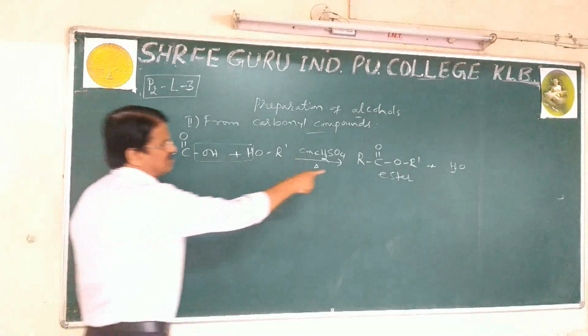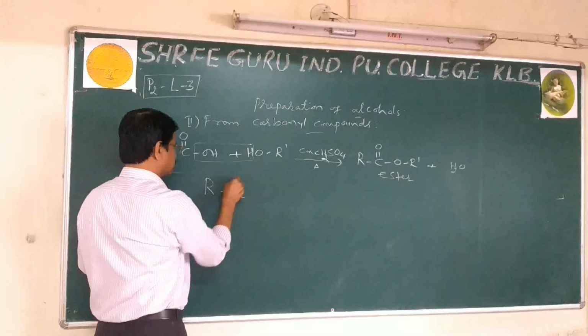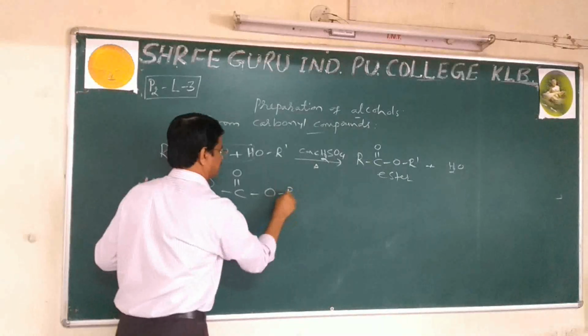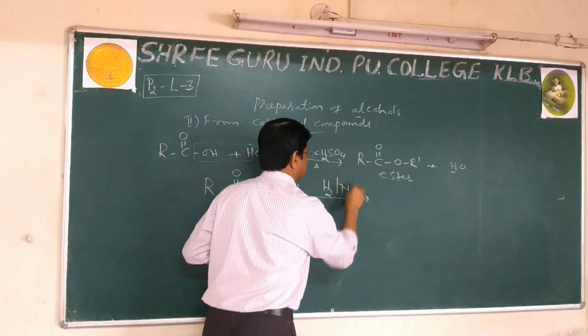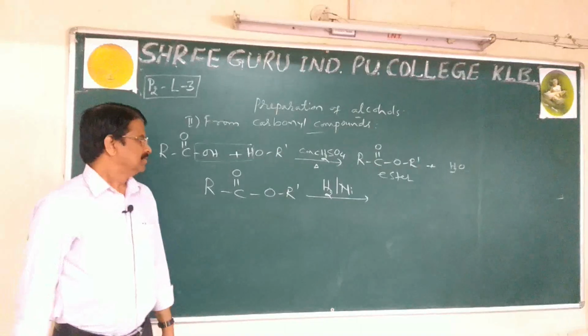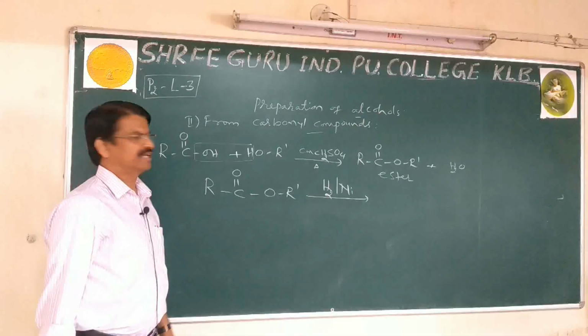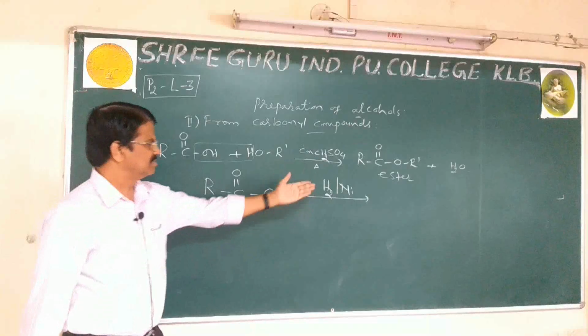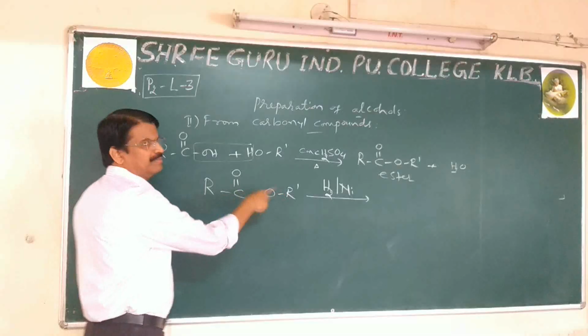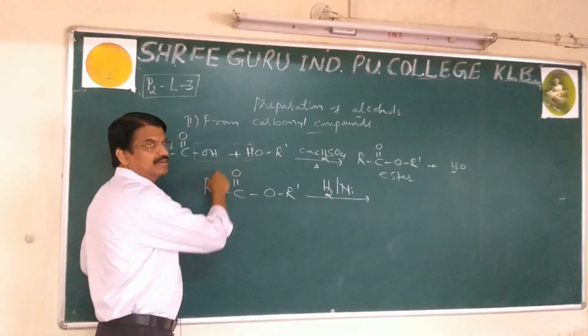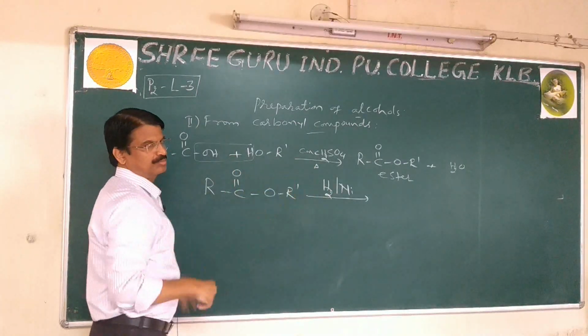Now take this ester. On this ester, we can add hydrogen gas and nickel. This is easily available. Okay, hydrogen, nickel. Then here again the method is same. This carbonyl group changed into CH2 group.